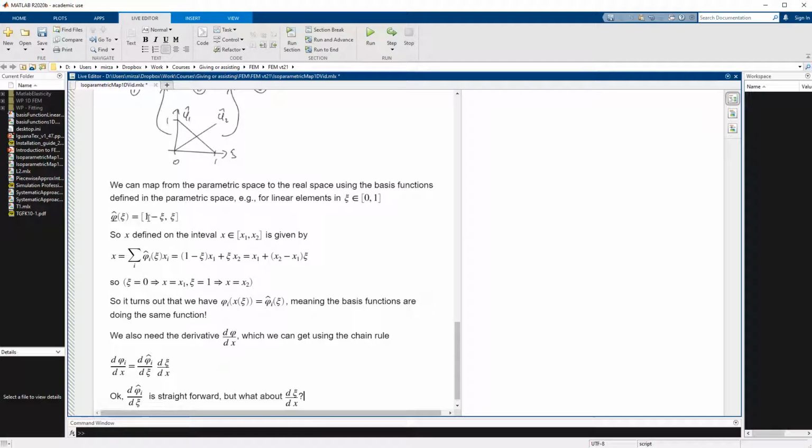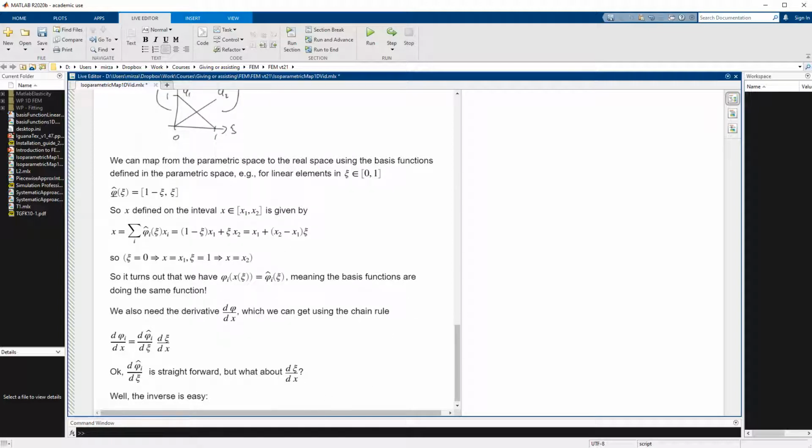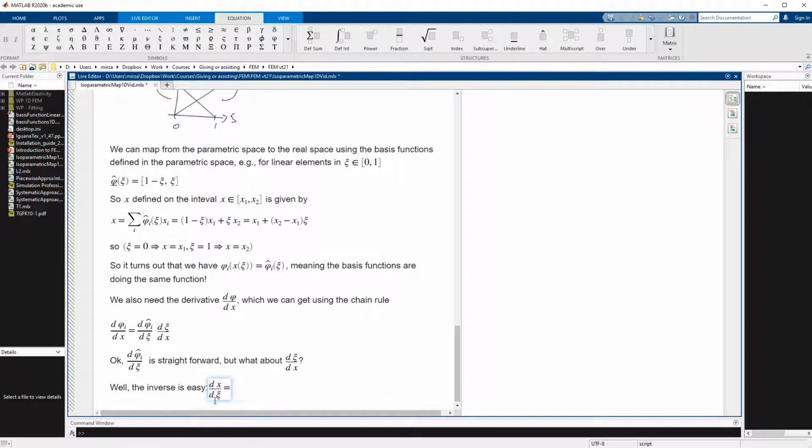You just take this derivative here, you get minus 1 and 1. But what about dxi/dx? Well, the inverse is easy. We can do dx/dxi. So we take our x here, we take this derivative, and we end up with x2 minus x1.